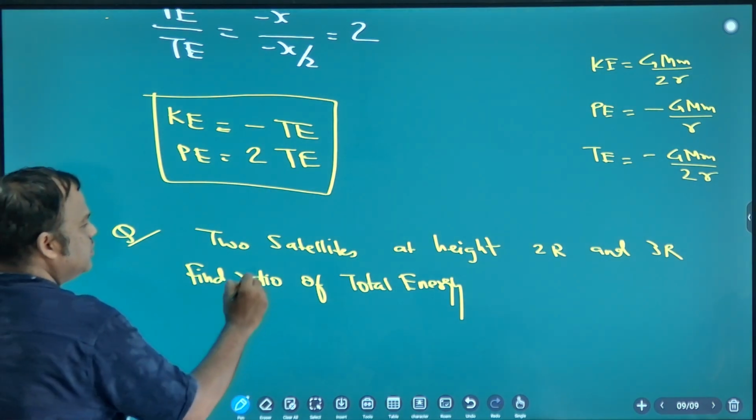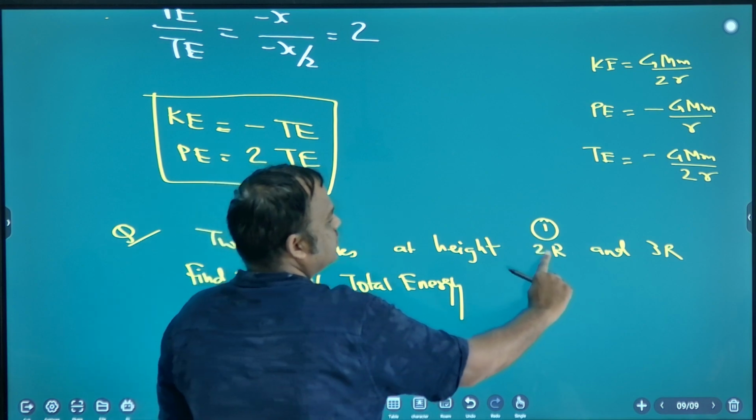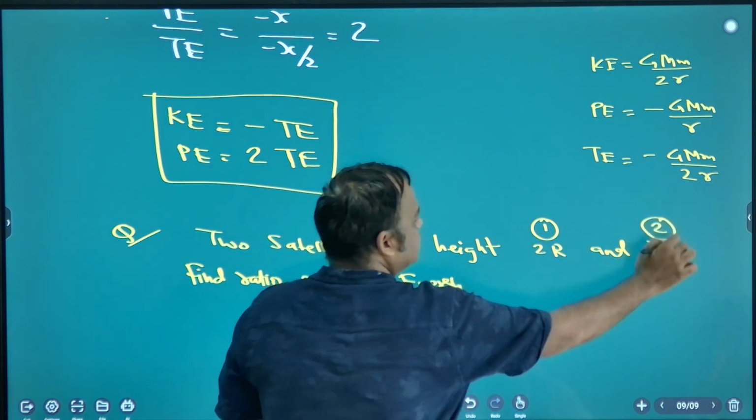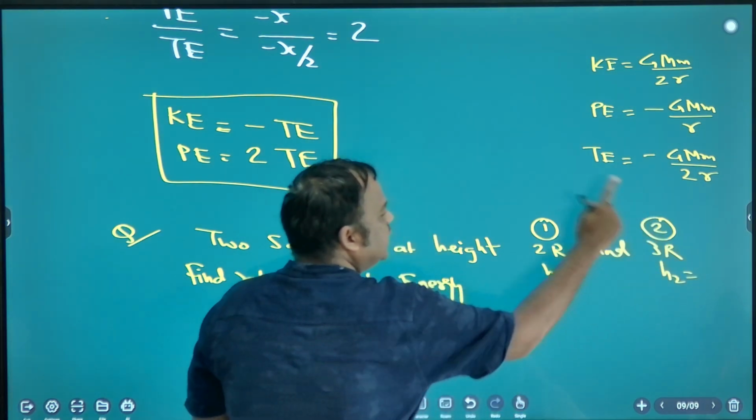So first satellite height is 2r, second satellite height is 3r.